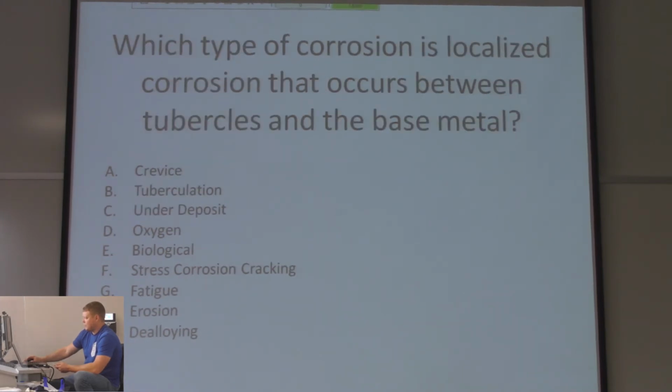Which type of corrosion is localized corrosion that occurs between tubercles and the base metal? Crevice, tuberculation, underdeposit, oxygen, biological, stress corrosion cracking, fatigue, erosion, or de-alloying. Underdeposit, right?